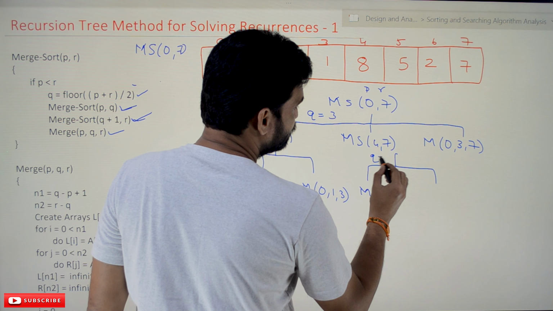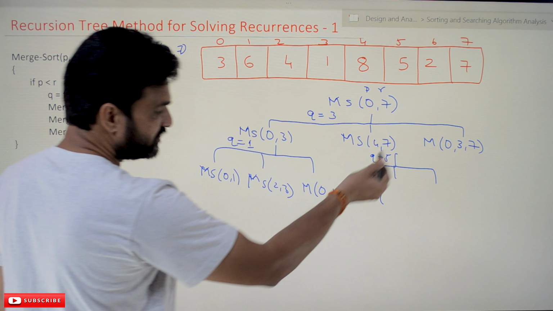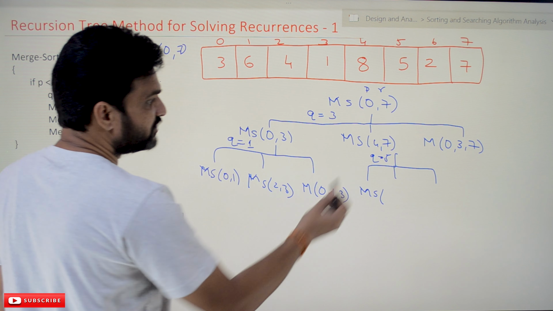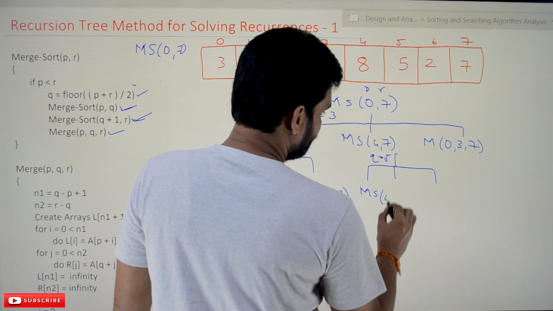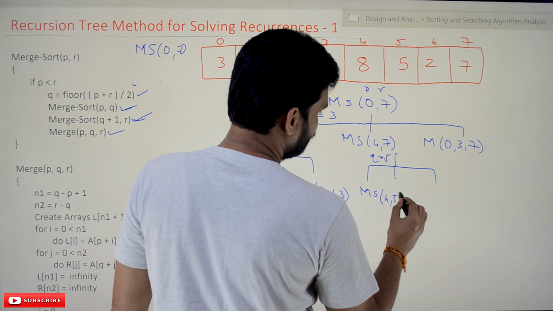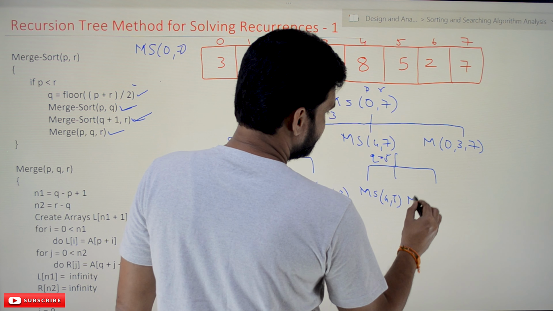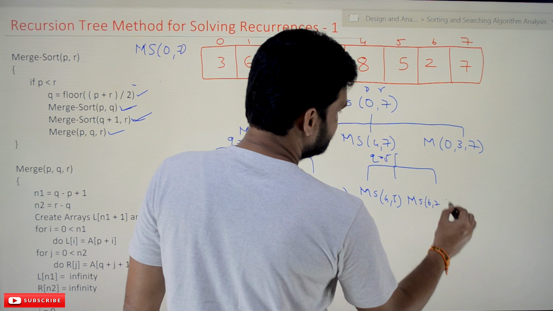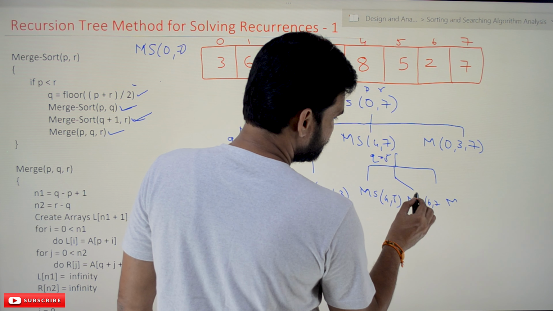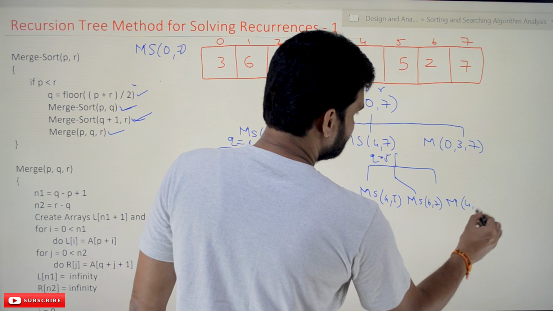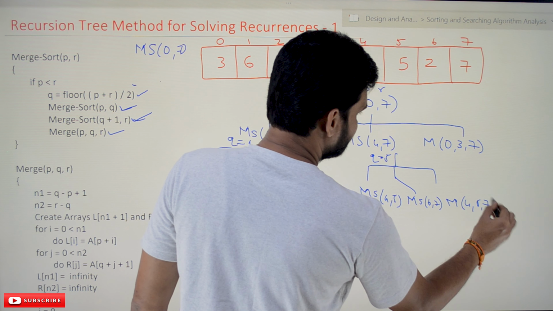It is (4 + 7)/2, which is 5.5, and the floor value is 5. So it is MS of 4 comma q, that is 4 comma 5, and the next function call is MS of 6 comma 7, and then merge of 4 comma 5 comma 7.